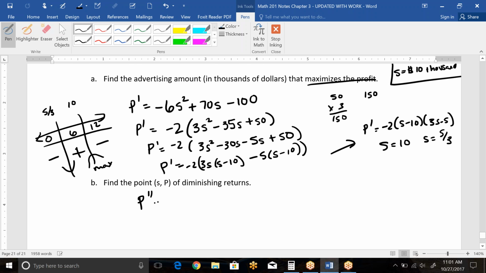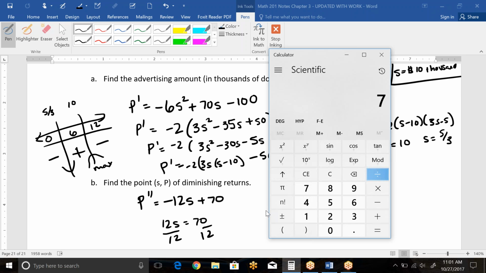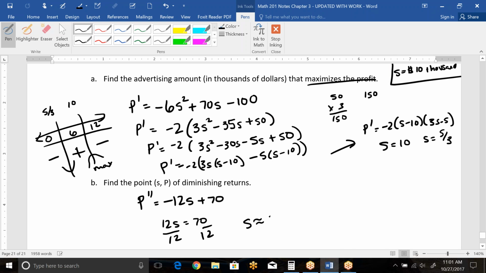So P double prime would be negative 12s plus 70. And if we solve that, we would add 12s over and then divide 70 by 12. It's going to come out to a decimal. So s would be 5.83.